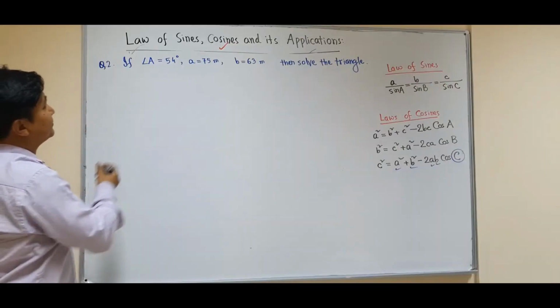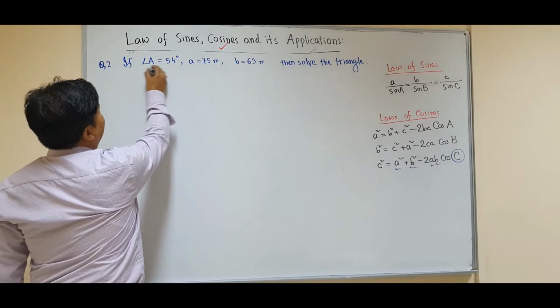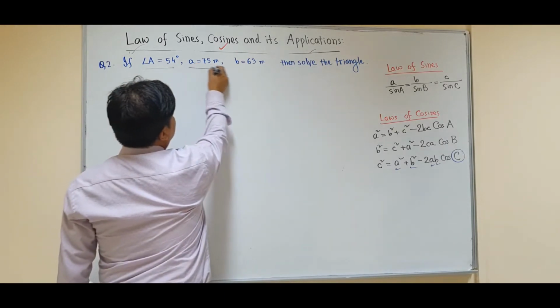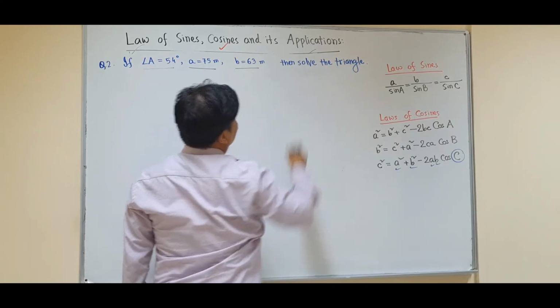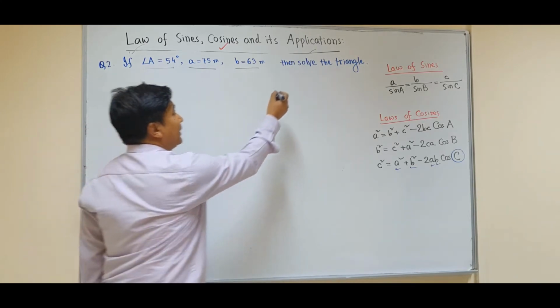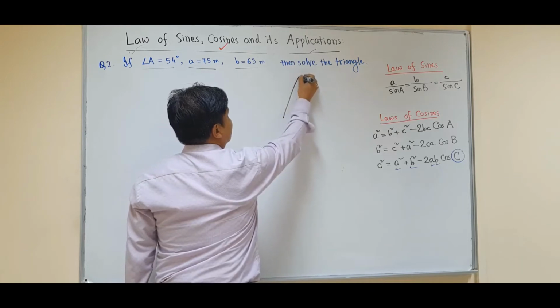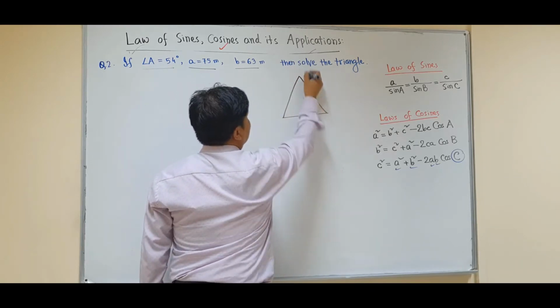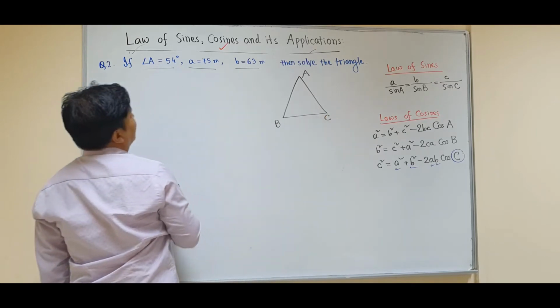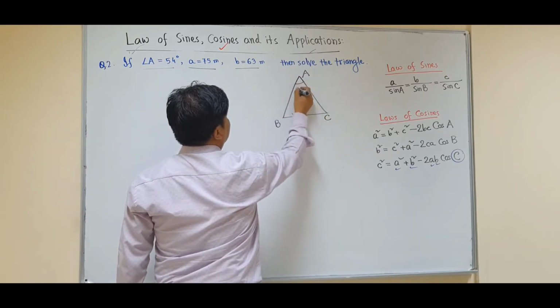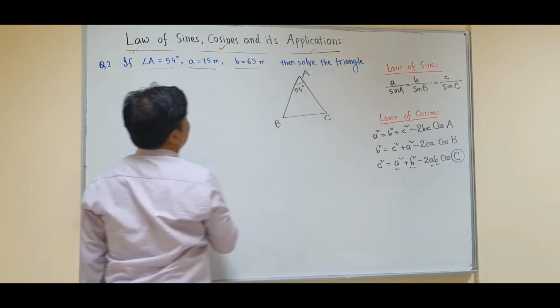Question number 2. If angle A is 54 degree, side A is 75 meter, side B is 63 meter, then solve the triangle. So let us draw the triangle. Once we draw the triangle, we will understand it more clearly. Angle A is given to be 54 degree.